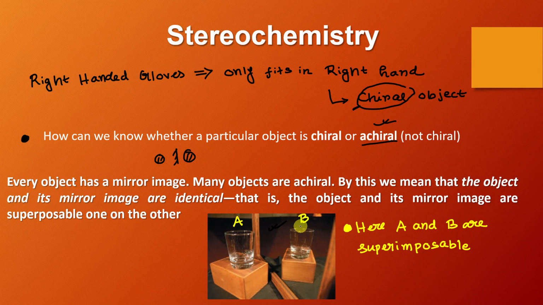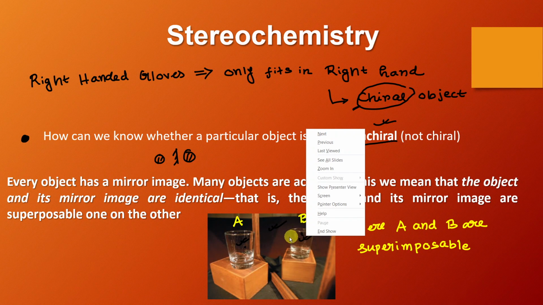Now you can see that the actual object and the mirror image of that object are exactly identical. What does this mean? If you take this object and put it in the place of that mirror image, it will fit totally. This is called superimposable.